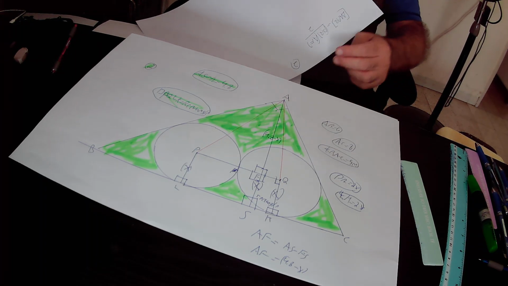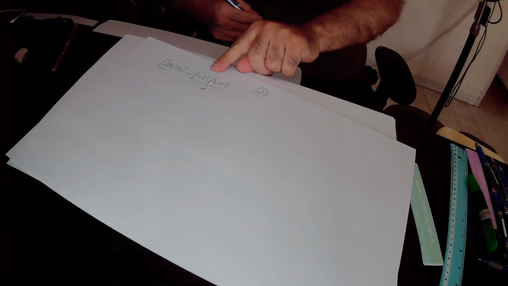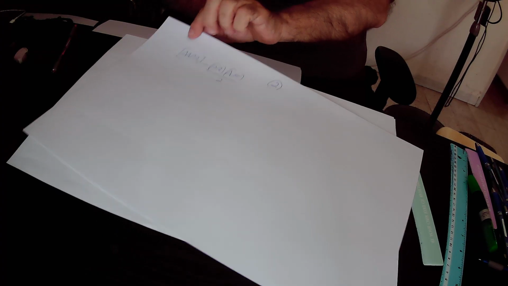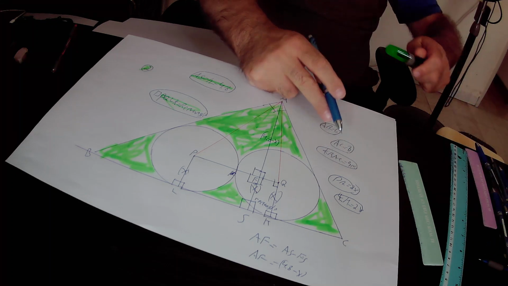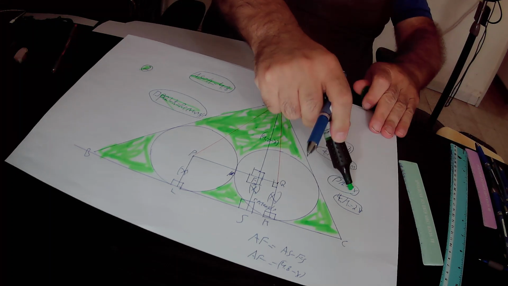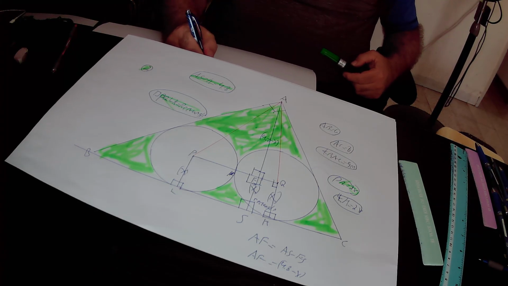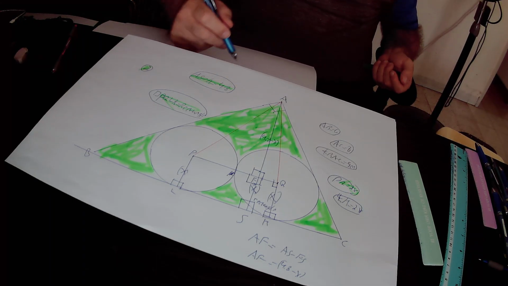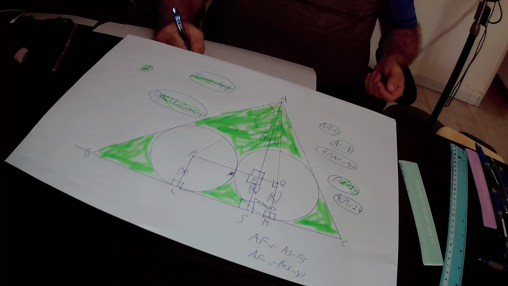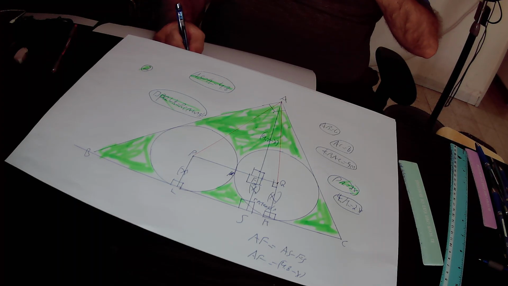PQ equals 2x. We write down further that the height AF equals 4.8 minus x, and we have to divide it by 2.